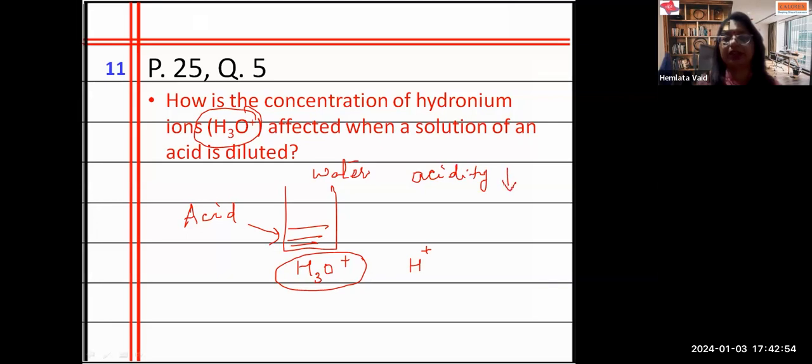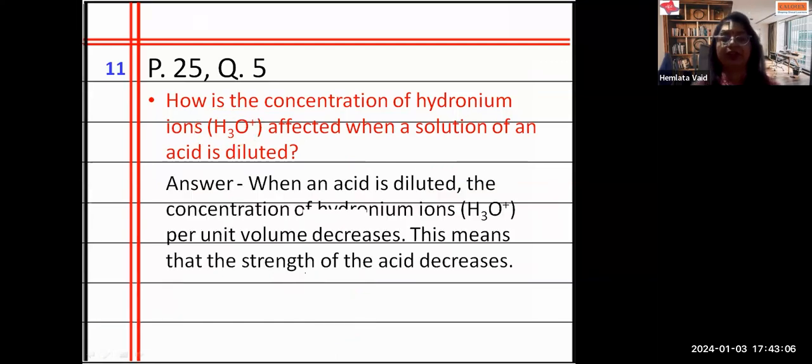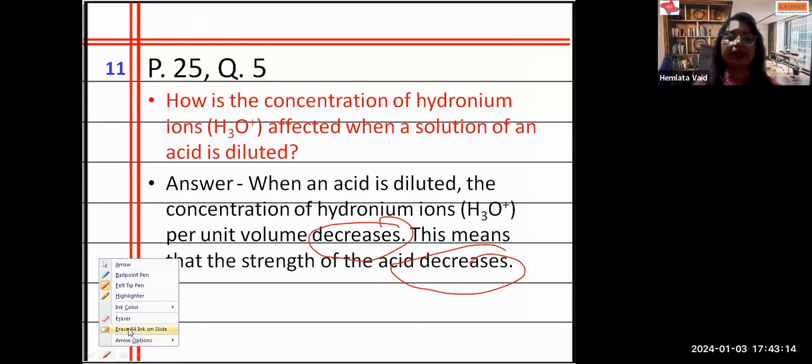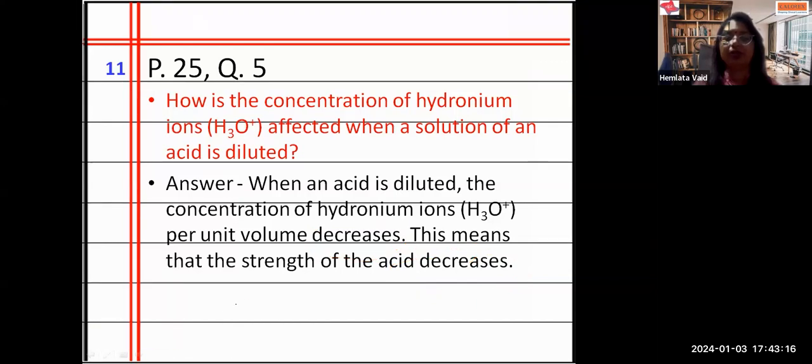Because the acidity decreases, these hydronium ions become less. So the answer here is the concentration will decrease. Right? So when you are answering these kinds of questions, you can do your rough work the way I did right now.